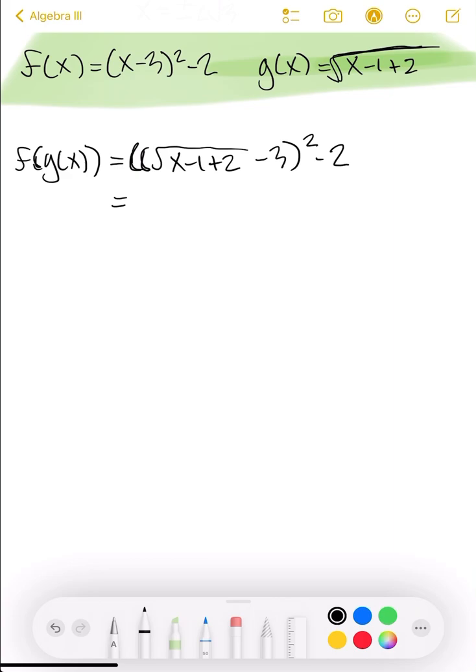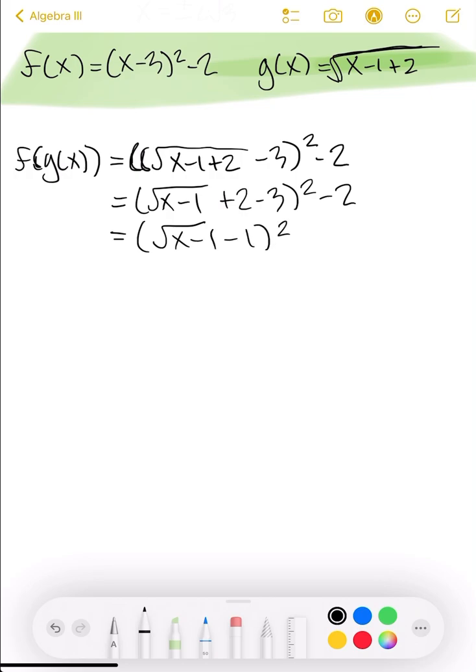And basically just going on. Essentially that would leave us with x minus 1, because it is squared, to the second power, and plus 1 minus 2.